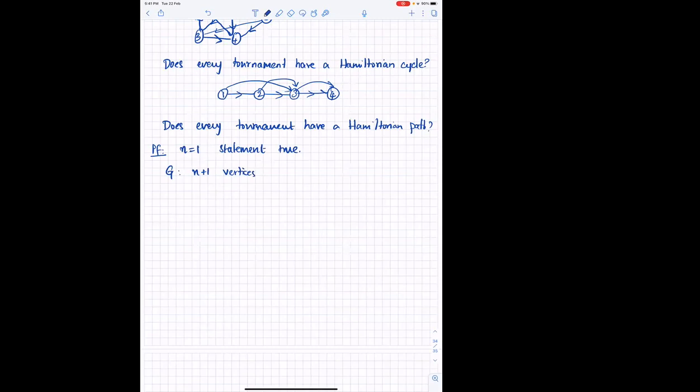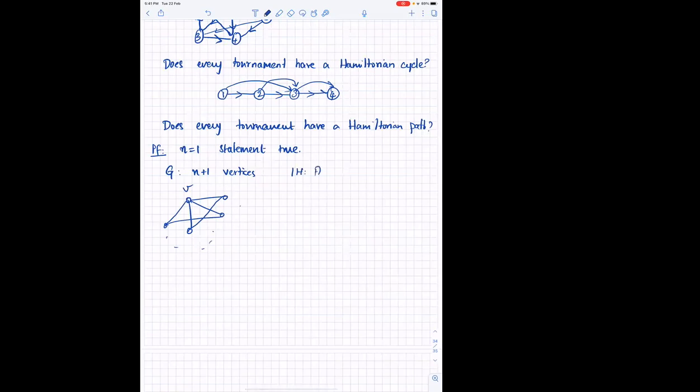So let me just put n plus 1 vertices for convenience. And you have a graph. There are some vertices here, and some additional vertices here. Now, let us assume for the purpose of induction, what is the inductive hypothesis?